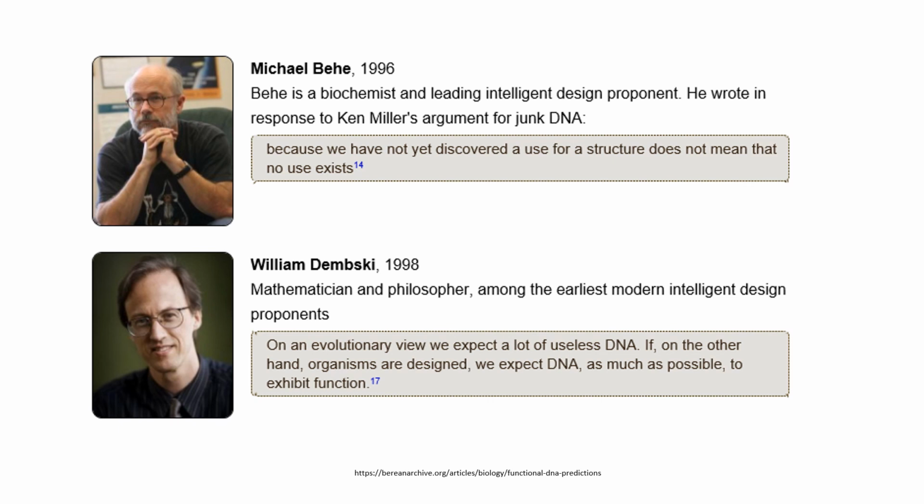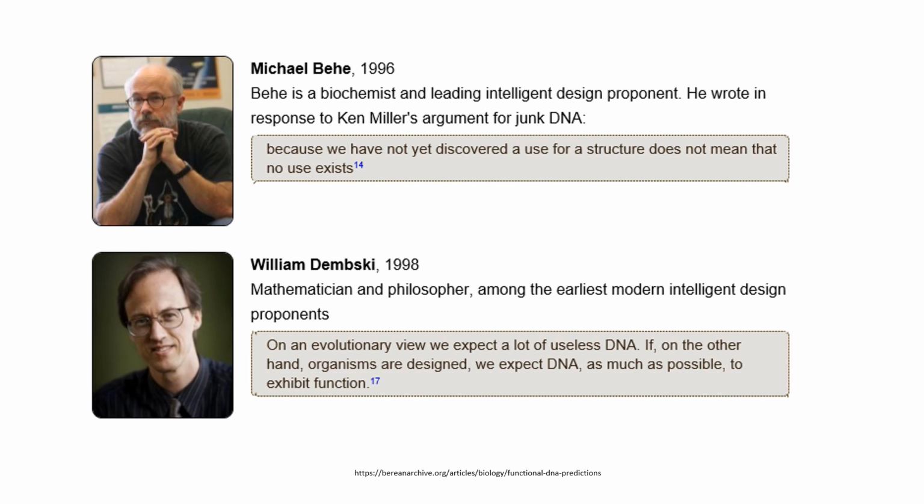This was at a time when a man of faith like Francis Collins, who was head of the Human Genome Project, was still subscribing to the idea of junk DNA and that it supported the Darwinian evolutionary mechanism. So proponents of intelligent design were making a very clear statement that here's a testable hypothesis.